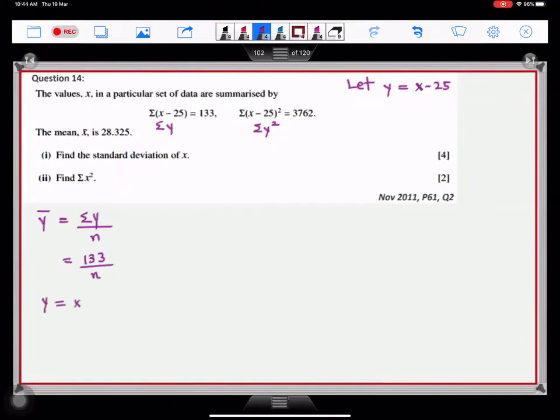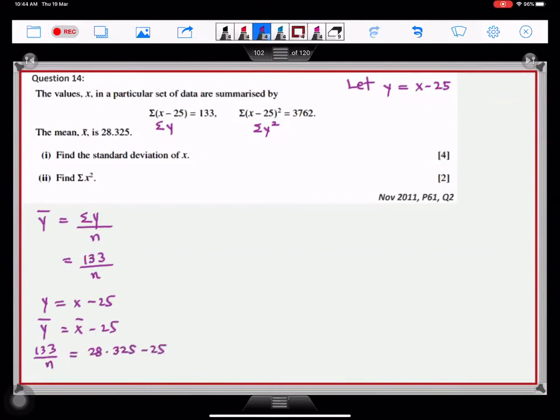Y is equal to x minus 25, so y bar is x bar minus 25. Y bar is 133 over n. X bar is 28.325 minus 25. So this question was not a simple one.